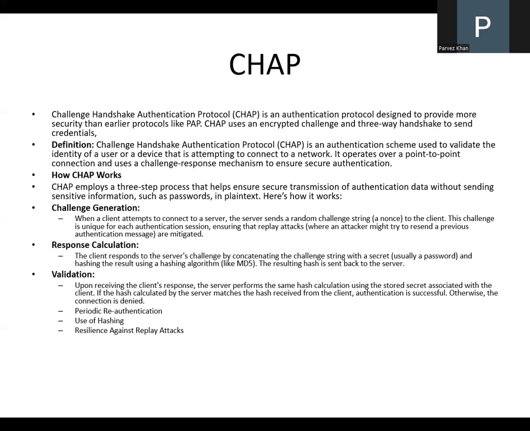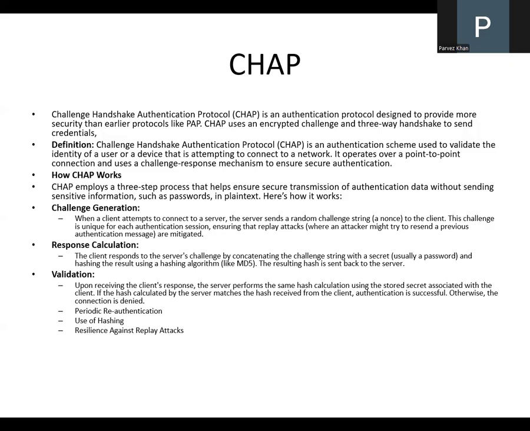Whatever the session established between the client and server, the password is shared hashed with an algorithm called MD5. Hashing means it is encrypted. If somebody gets that hash and tries to decode it, he will not be able to understand what the password is.